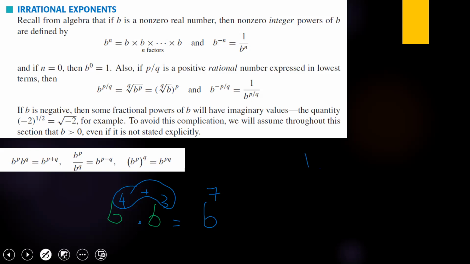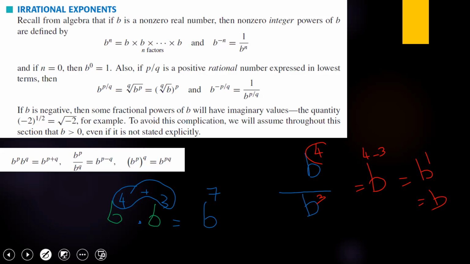And if you have now two bases that are divided, and the first exponent here is 4, and the second one here is 3, how will it be? You have to subtract the exponents, which is 4 minus 3, so b to the power 1, or b. So if they are multiplied, you have to add the exponents.